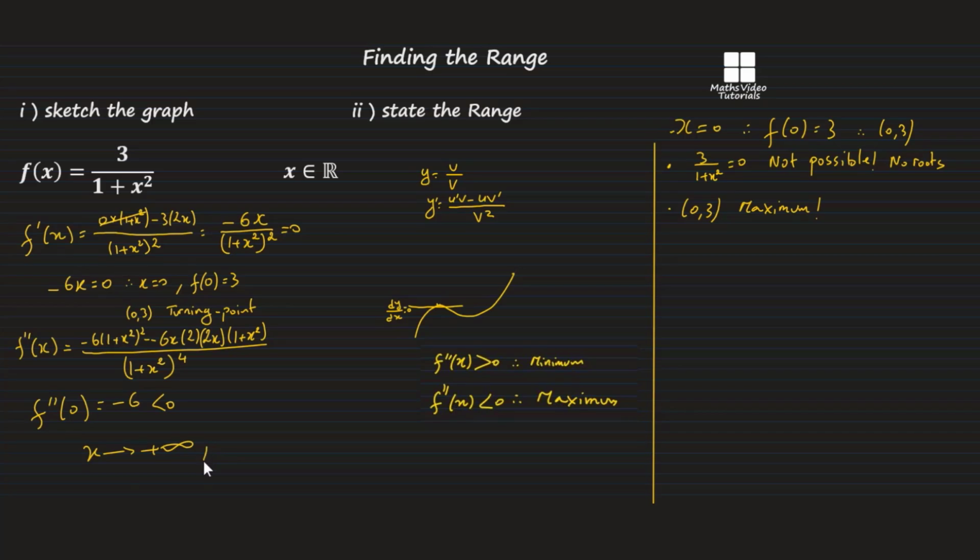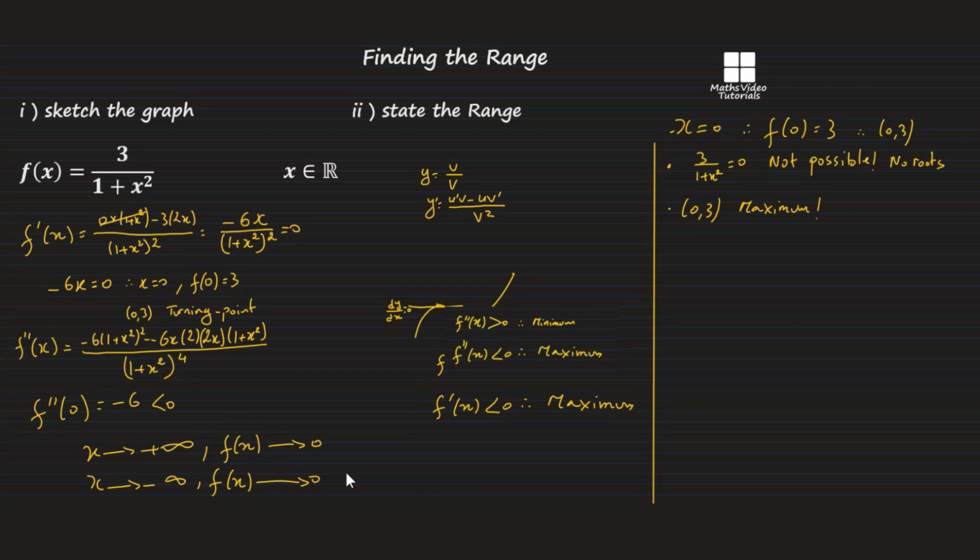So if x tends to positive infinity, the function f of x will tend to 0, meaning approach 0. It will never cross 0, so it will just get close to 0. And same thing for negative infinity. The function also will approach 0, because if you have a negative number, you square it, whether small or large, it will turn positive, and the same thing as before.